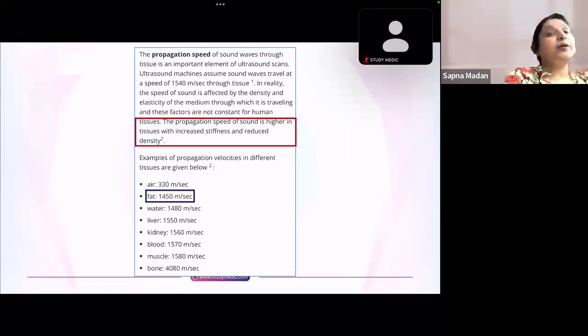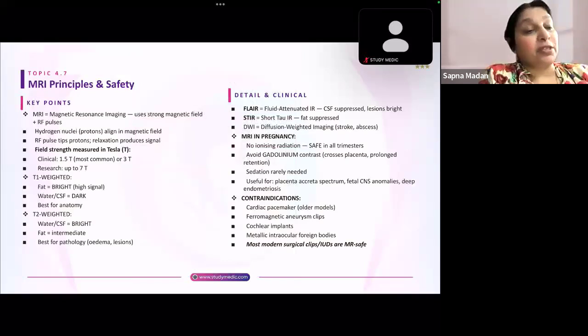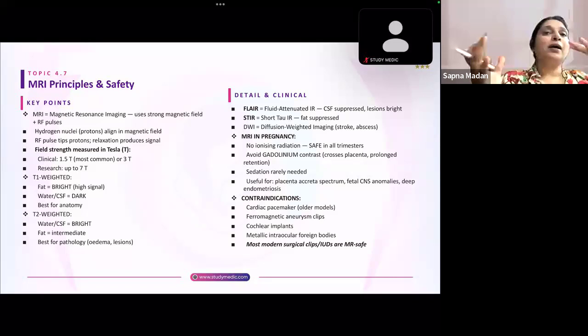Okay, moving on to MRI principles. Magnetic resonance imaging uses strong magnetic fields and radio frequency pulses. The principle is that once you give these radio frequency pulses, it is the hydrogen nuclei or protons which will align in the magnetic field, and depending upon the speed at which they come back into alignment, you have T1 and T2 images.